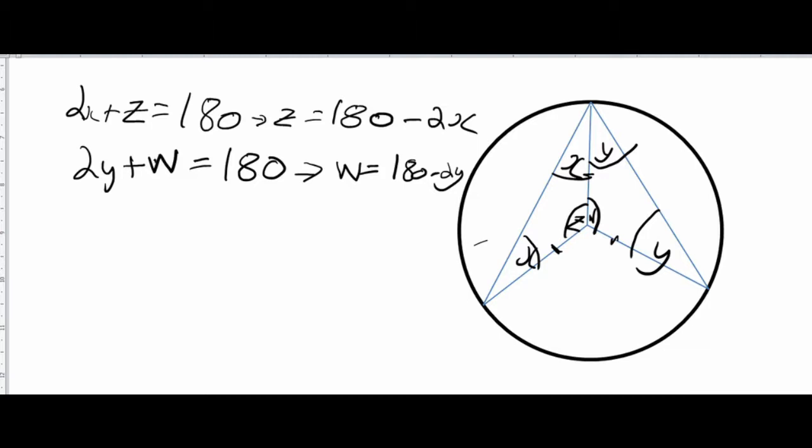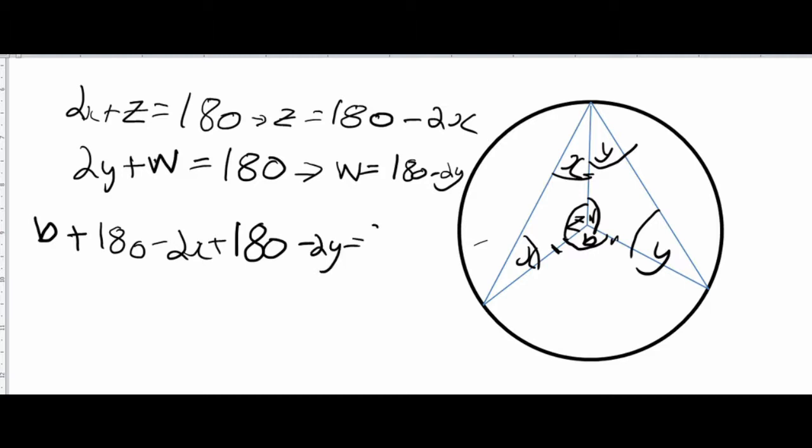Now, if we call this angle here B for now, because angles around a point add up to 360, B plus 180 minus 2x plus 180 minus 2y is equal to 360.